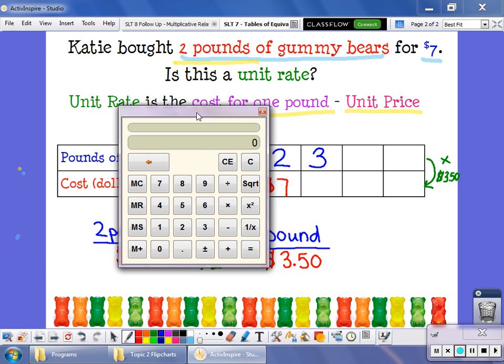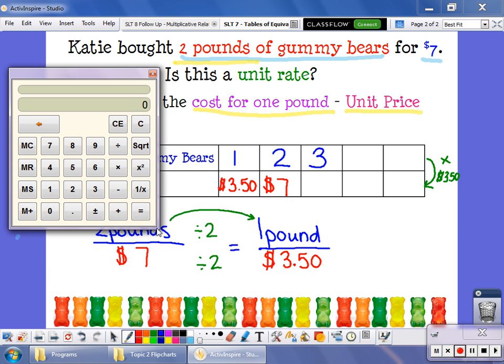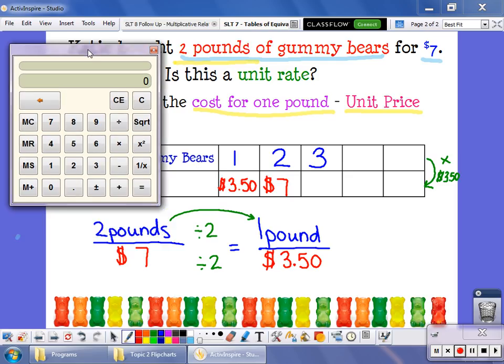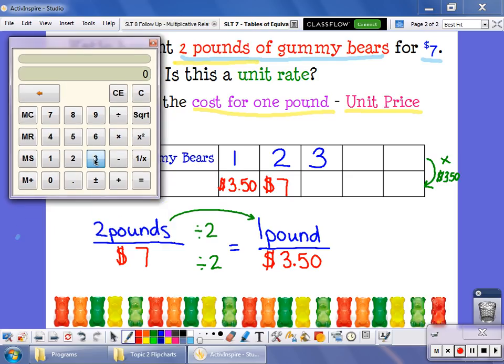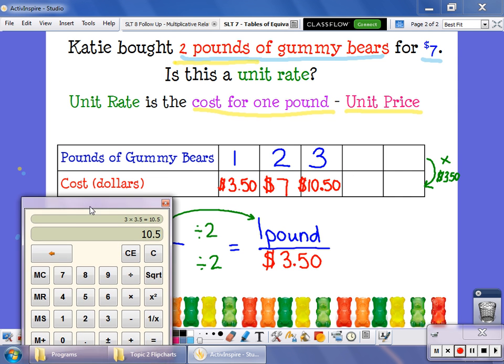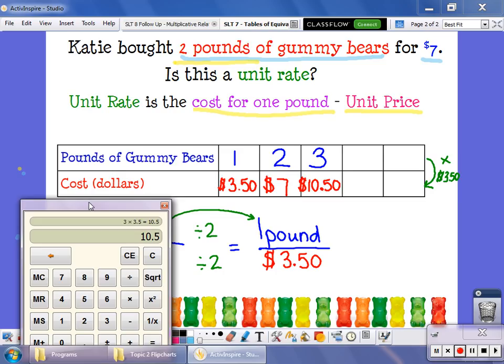I have 3 pounds, and I'm going to do times $3.50, and that will say 10.5. Now 10.5, that's not money. 10.5 means $10.50. So I have to write it very carefully like that.